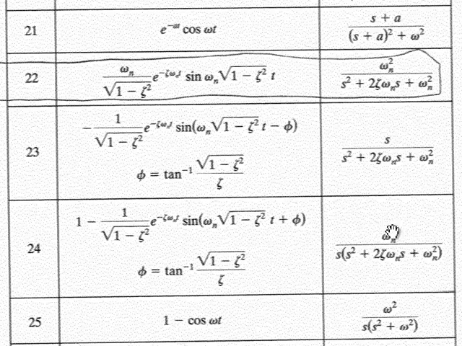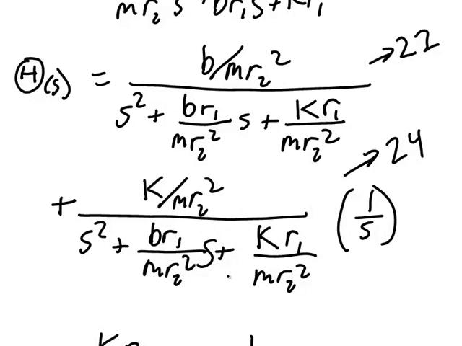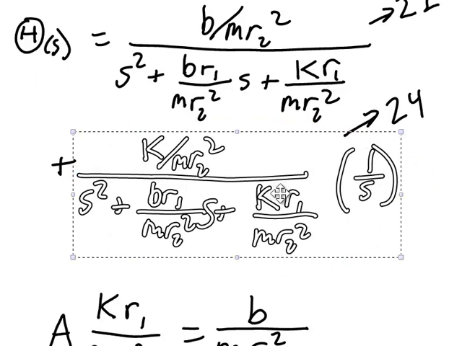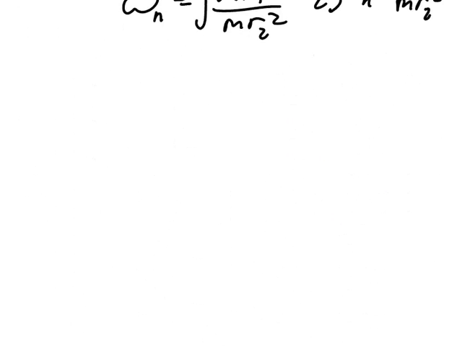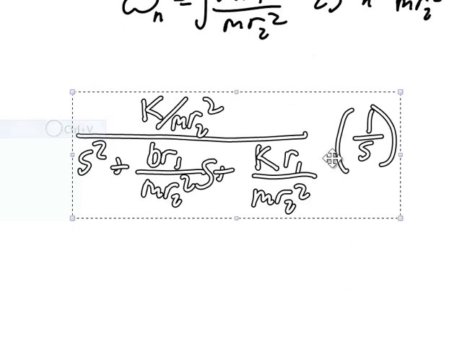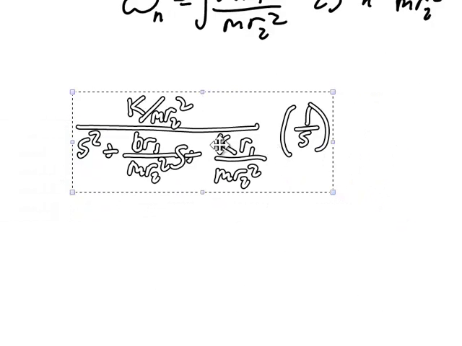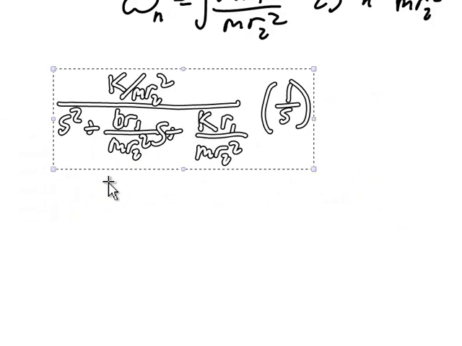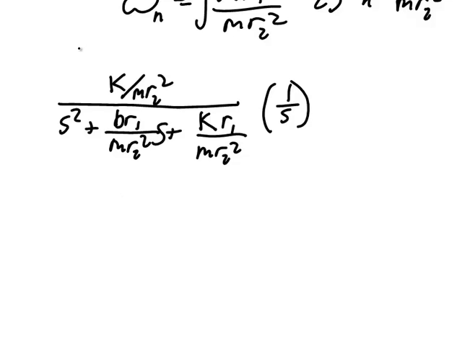We need to make the numerator match the constant term. In this term, that's a lot easier because the only thing we're missing in the numerator is r1. So I'm going to take this whole term and copy it down here. We want to take the inverse Laplace of this term.